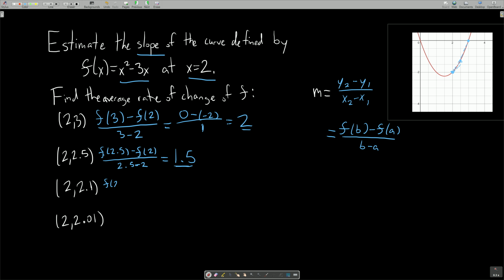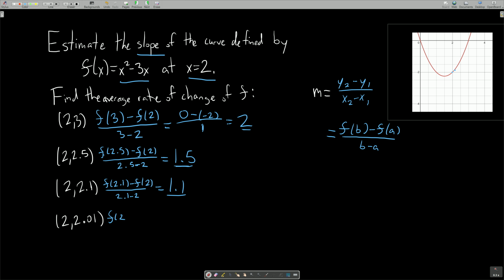Now let's try something with 2.1. Again, we use a calculator for this one. We got 1.1. So let's just erase this here. From 2 to 2.1, the slope between these 2 points is 1.1.